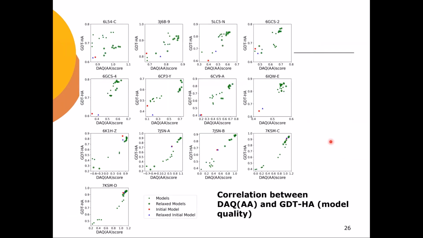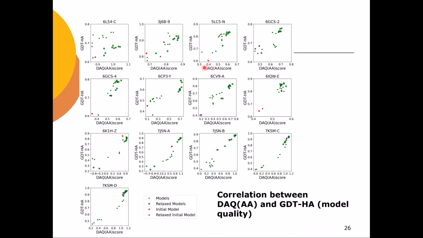This shows the correlation between the DAQ score and the quality of the model. In this study, we tried to run AlphaFold in various different ways, which resulted in models with different qualities. The y-axis again is the quality, basically the fraction of residues which are correctly assigned.